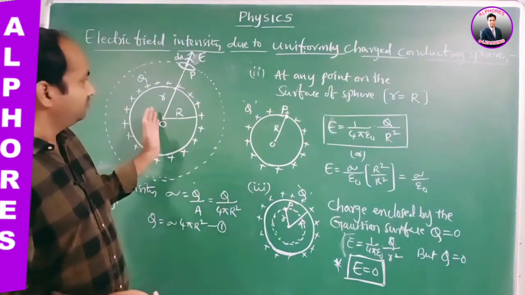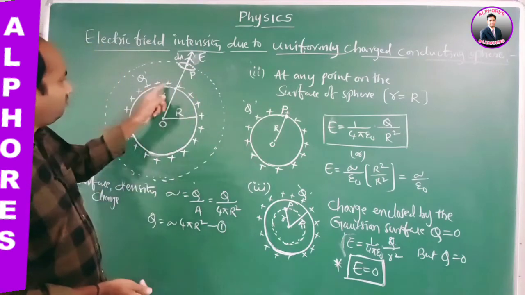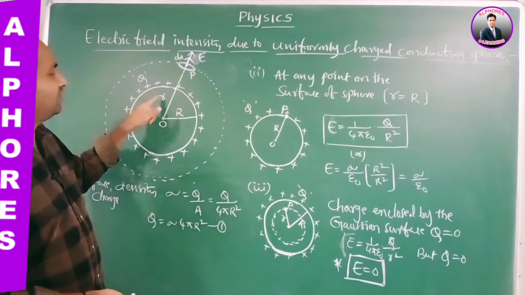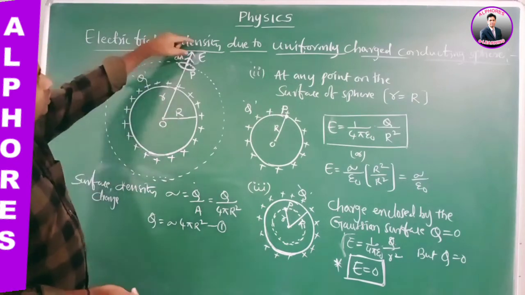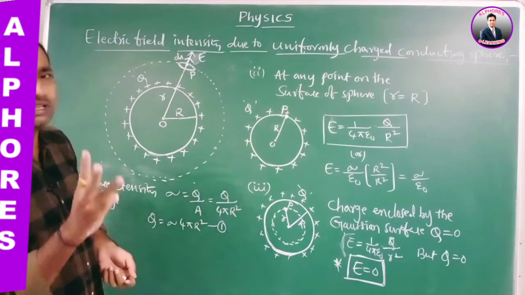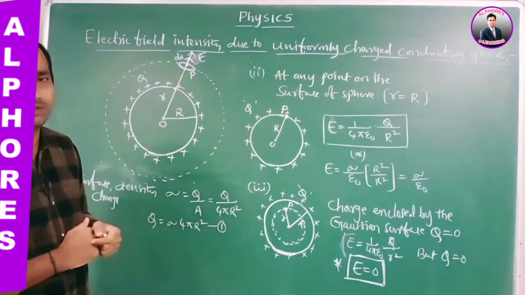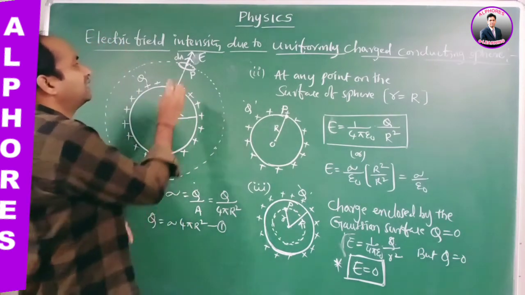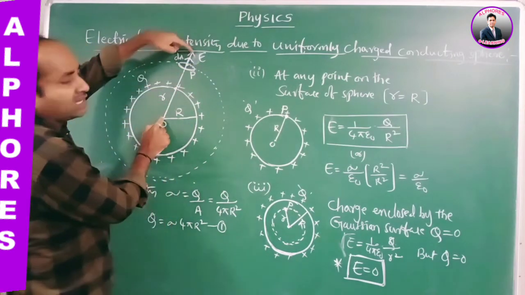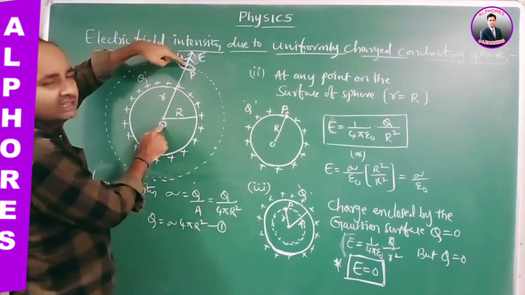See, this is actually a conducting sphere of radius capital R. What is the charge given? Capital Q. So, in such conditions, we are calculating the electric field intensity for 3 different positions. First one, we calculated the electric field intensity at the point P outside this conducting sphere.